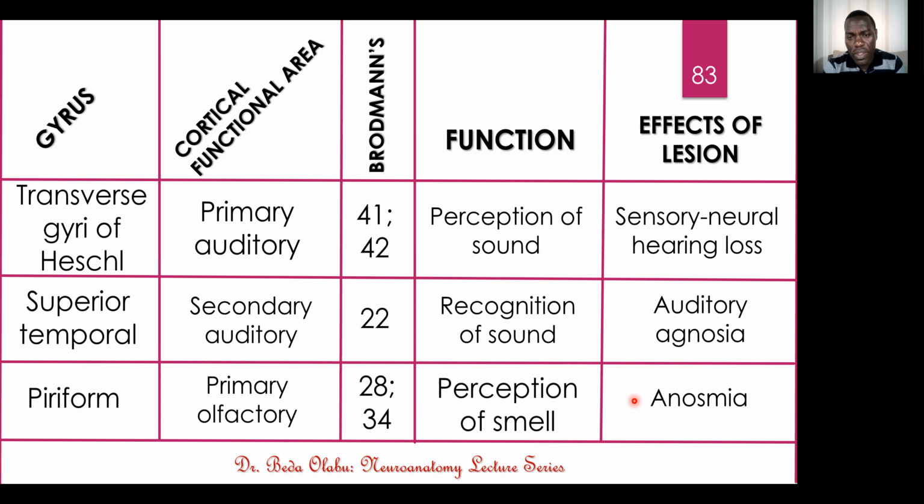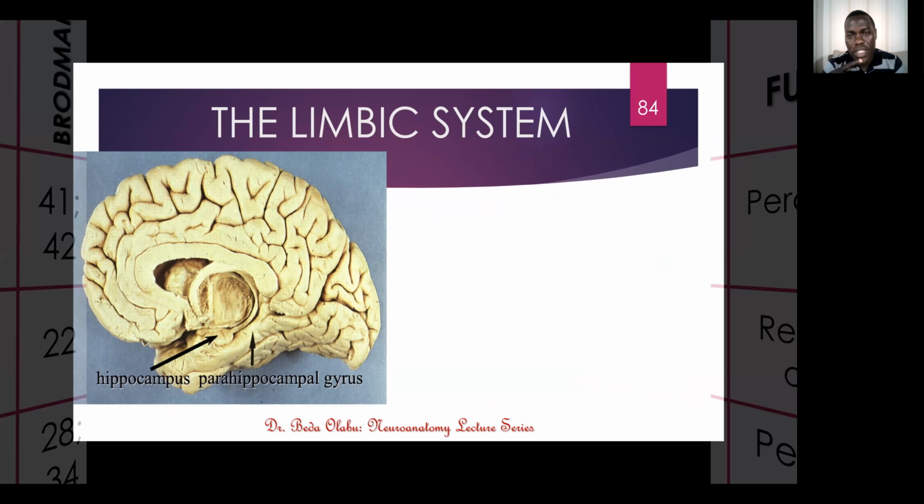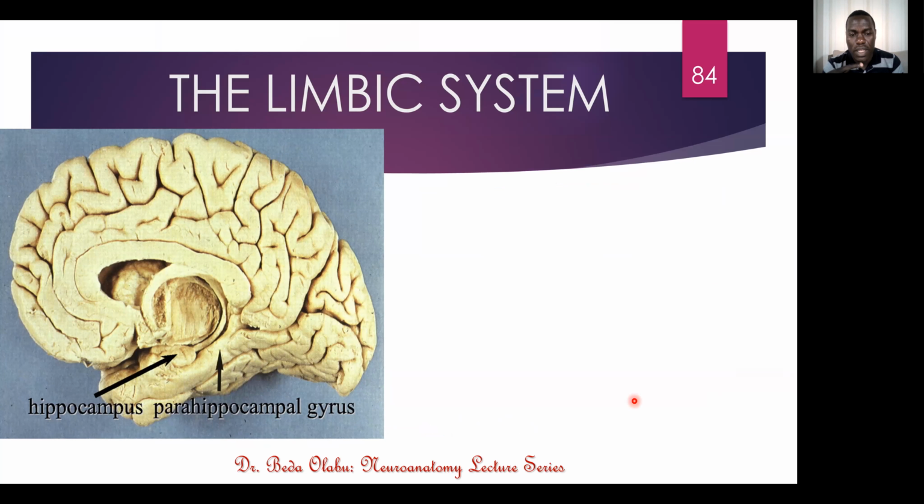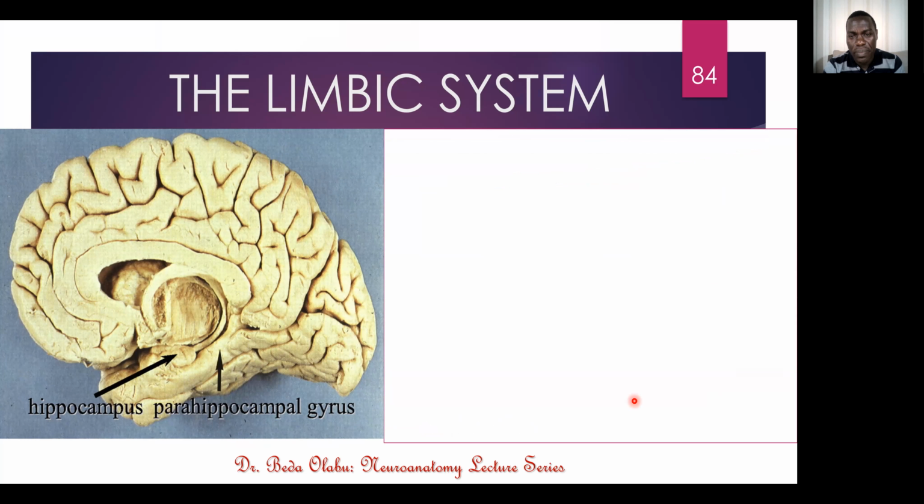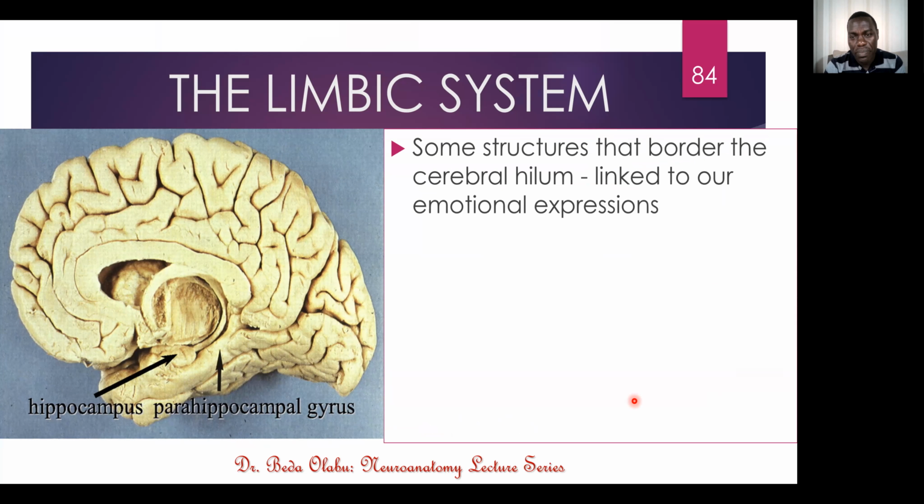There's one more thing that I want to talk about in the temporal lobe, and that thing is what we call the limbic system. What are we calling the limbic system? Or some people will call the limbic lobe. The limbic system refers to some structures that border the cerebral hilum.